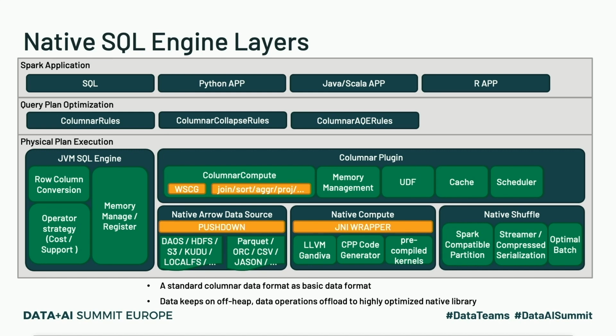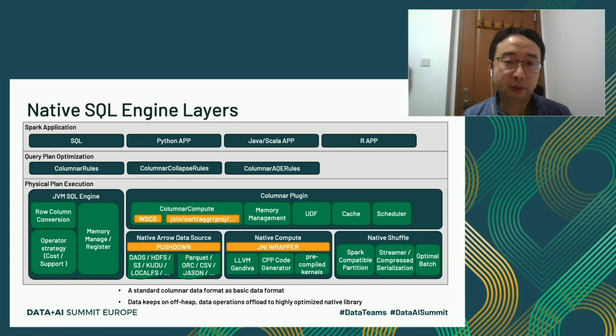Okay, so this is a very general picture for our native SQL engine. As you can see in the picture, there are three different layers. In the application layer, we didn't do any changes. So all existing applications like Spark SQL or Java Scala apps can run on native SQL engine without any modification required.